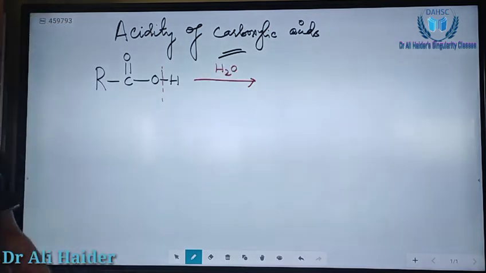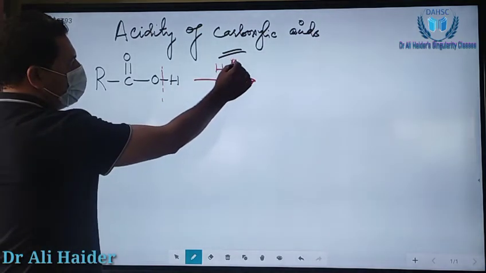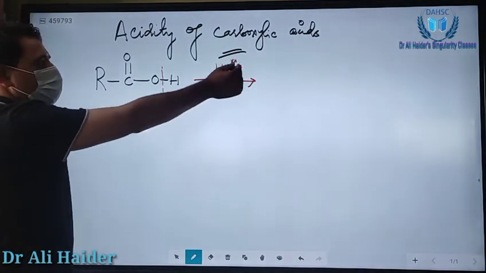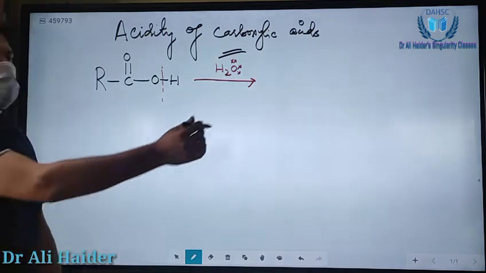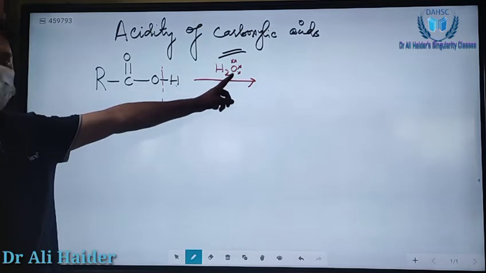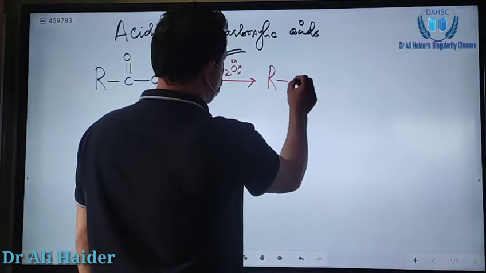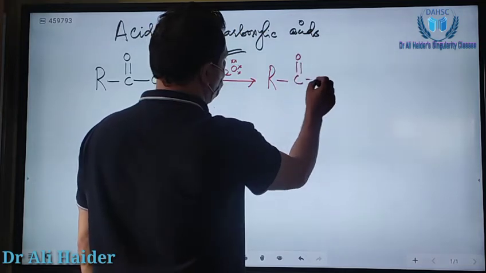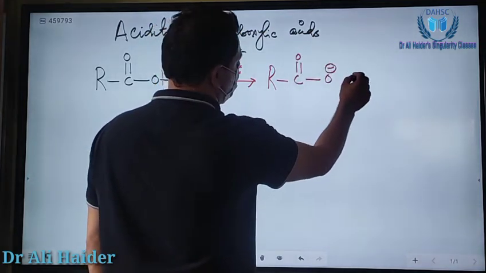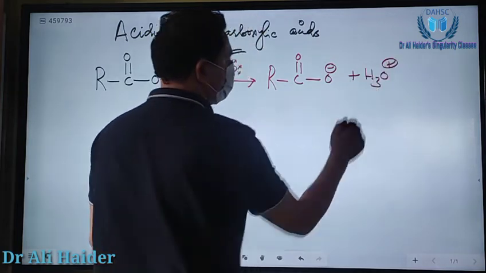There is possibility of cleavage of this OH bond. It will release H plus ion, which will be taken out by water because we have a lone pair on the oxygen, and you will get RCOO minus plus H3O positive ion.